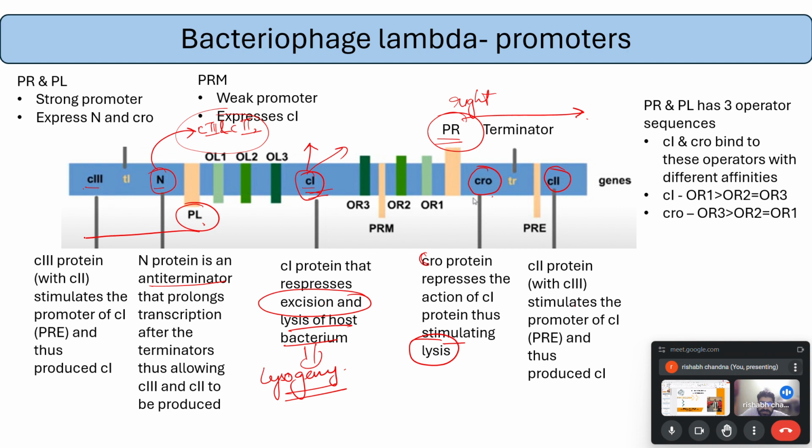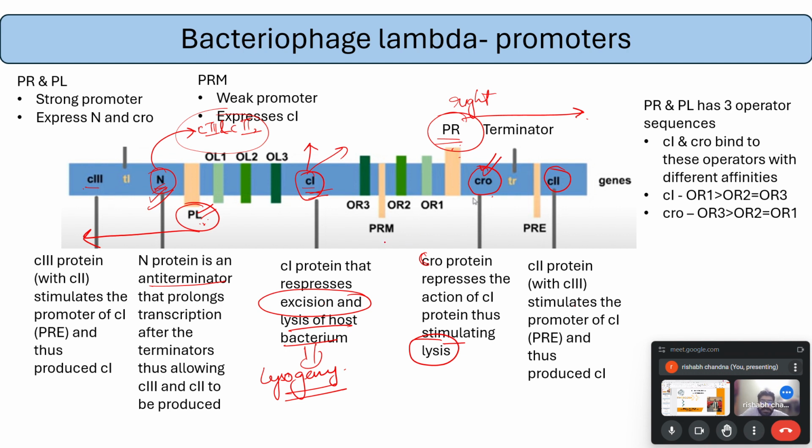So all these proteins present this way are formed from PL. Okay, so PR basically helps in the formation of Cro protein, and PL helps in the formation of N protein. So that is anti-terminator. Okay, and these two promoters are really strong promoters.